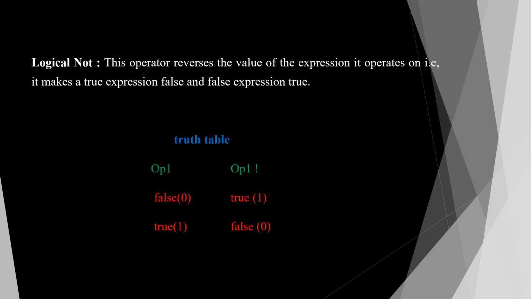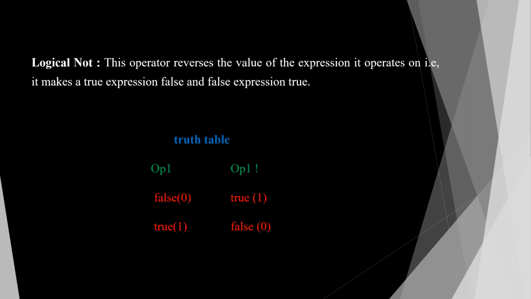The next is logical NOT. This operation reverses the value of the expression it operates on, that is, it makes a true expression false and a false expression true. This truth table represents the logical NOT. When operand 1 is 0, the operand 1 complement is 1.